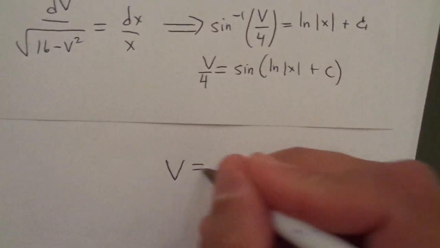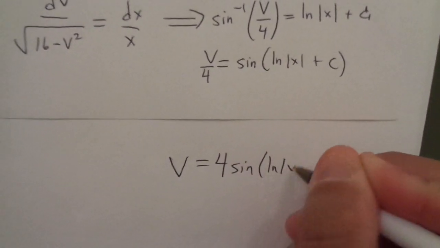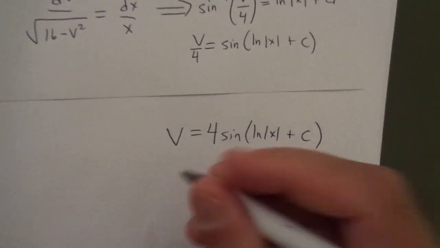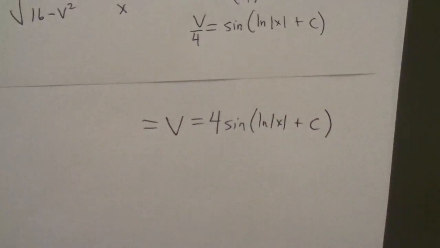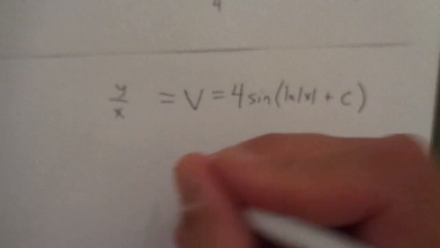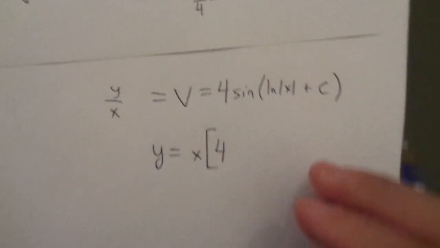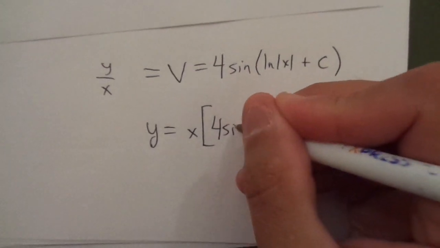I'm going to get v equals 4 times the sine of the ln of absolute x plus c. And of course v is really just y over x if you remember the change of variables. So y is just x times v. So it's just x times what we just wrote down.